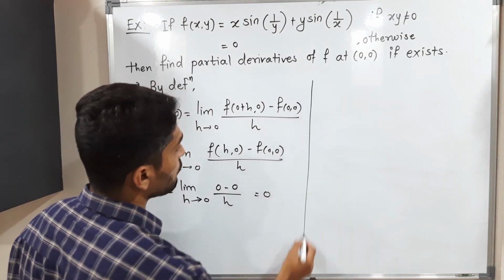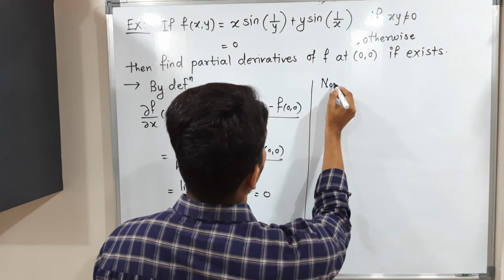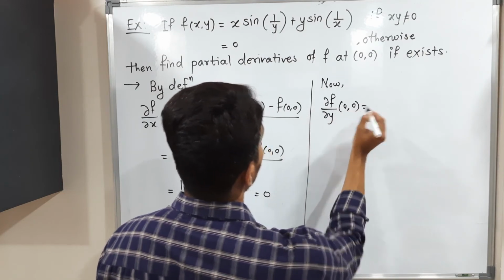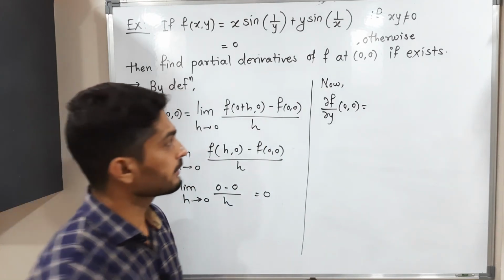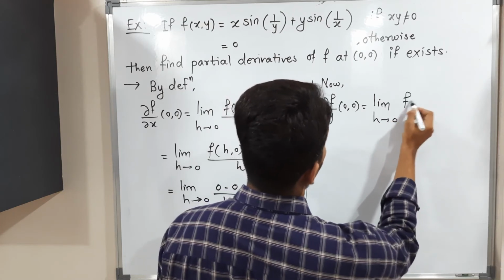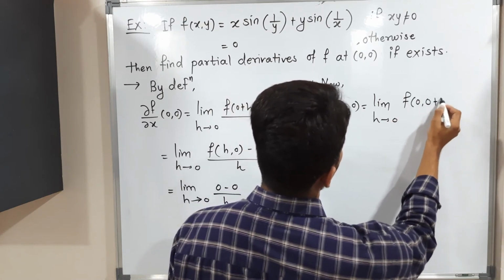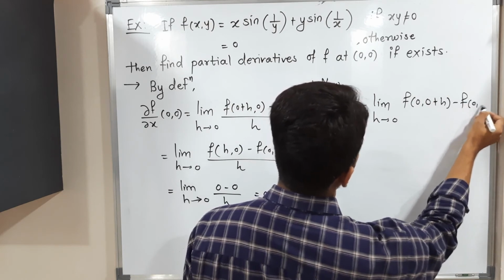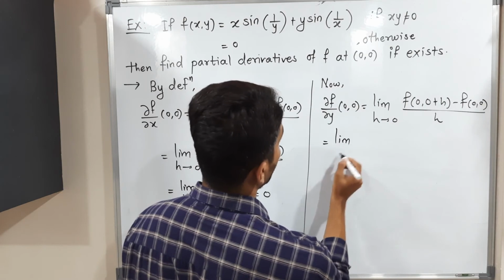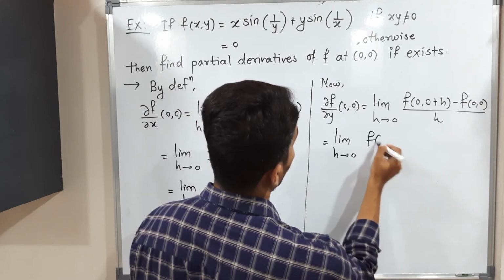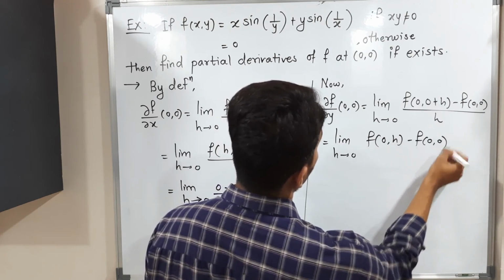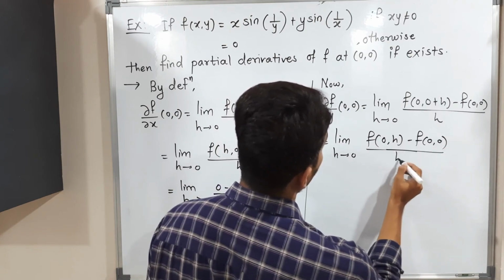So now I will go for partial derivative with respect to y. Now del f by del y at 0, 0. See, I am going to follow the definition. So limit h tends to 0, f of 0, 0 plus h minus f of 0, 0 divided by h.